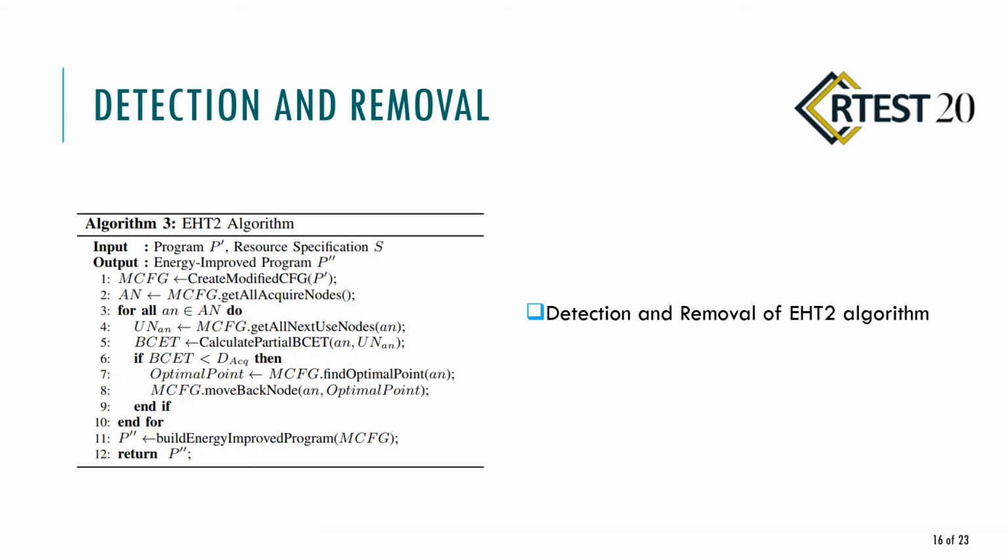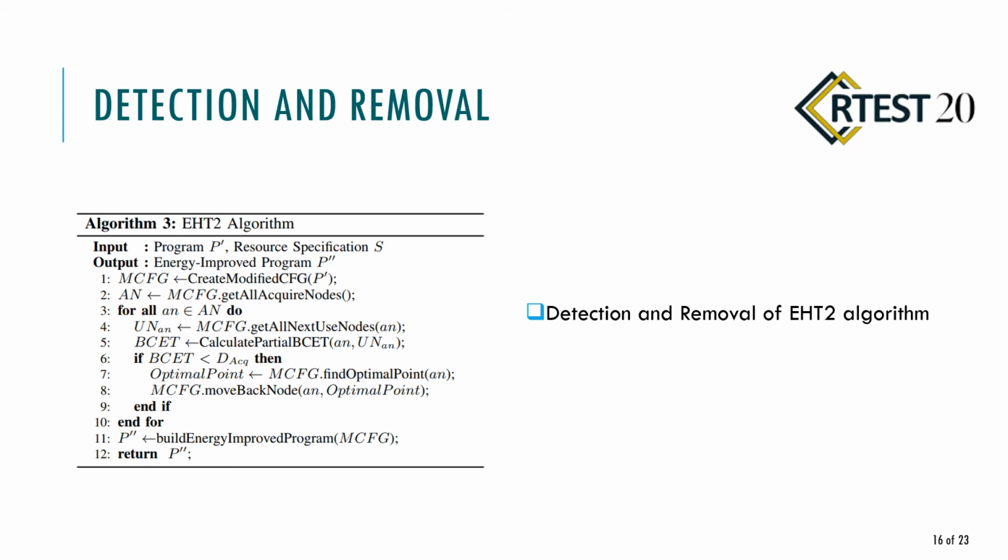The procedure for removing EHT2 is presented in this algorithm. The algorithm starts by constructing the modified CFG in line 1. Then it traverses the modified CFG to collect all acquire nodes in line 2. We need to decide whether the acquire node needs to be moved backward, and if so, move it to its optimal location.